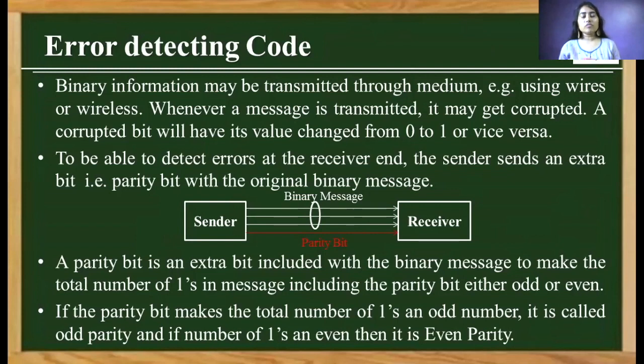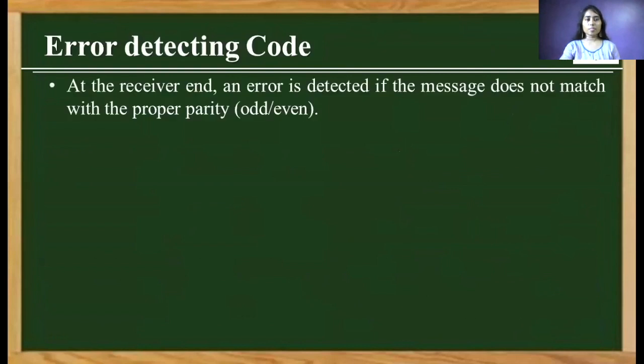If only one bit got corrupted, then the receiver can easily detect that. But if more than one bit got corrupted, then it is not able to detect the error. At the receiver end, an error is detected if the message does not match with the proper parity.